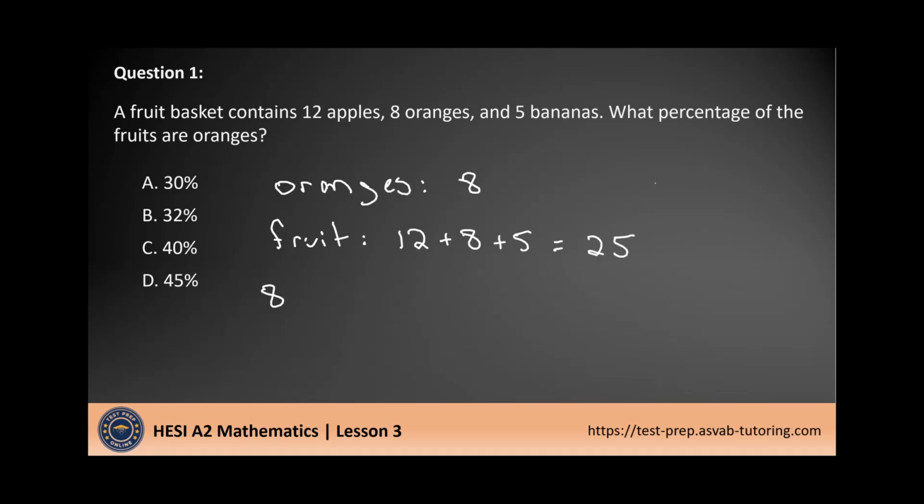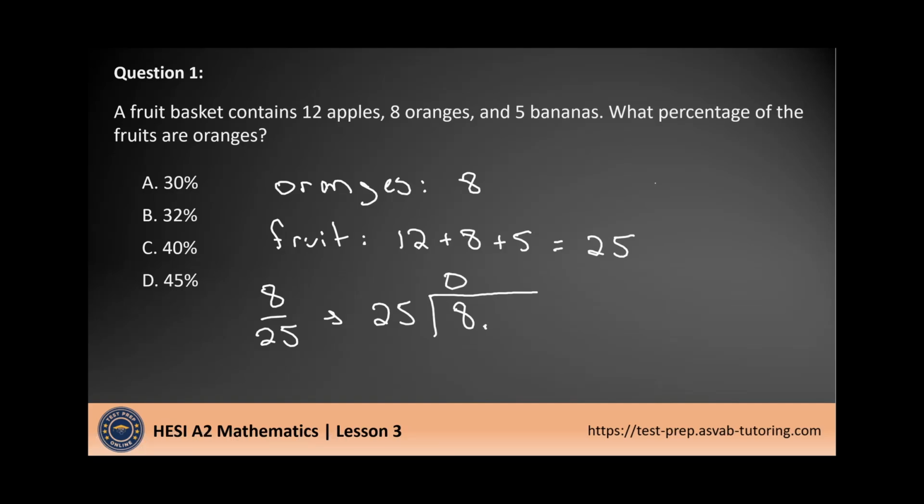We make a fraction, 8 over 25. To find a percent from this fraction, we're going to use long division. 8 is being divided, so it's going in the box. 25 is doing the dividing, so it's going outside the box. 25 goes into 8 0 times.